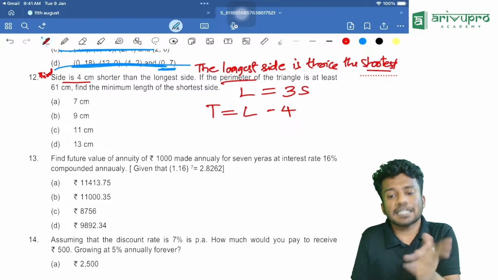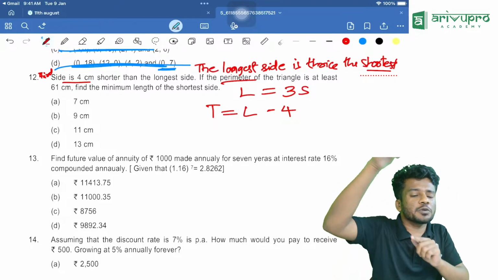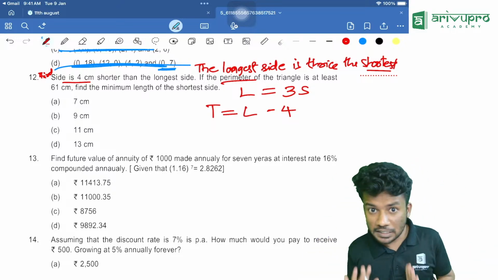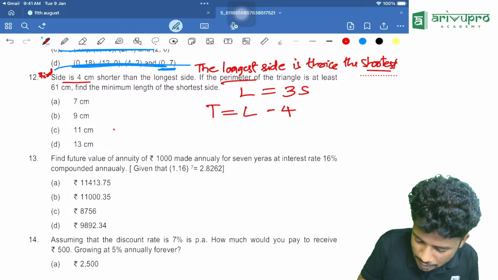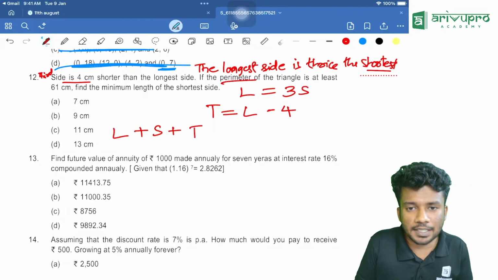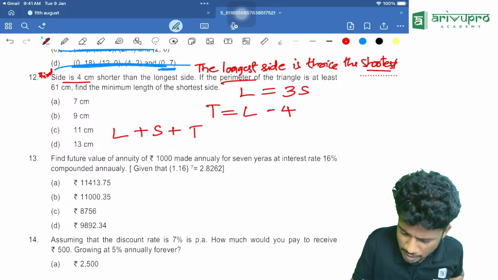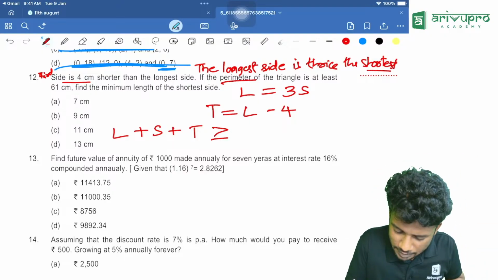Now what is given? Perimeter of a triangle is at least 61 centimeters. Perimeter means we need to add all the sides of a triangle. Now can I say longest plus smallest plus the third side? That means 3 sides. The sum of everything is greater than or equal to how much?